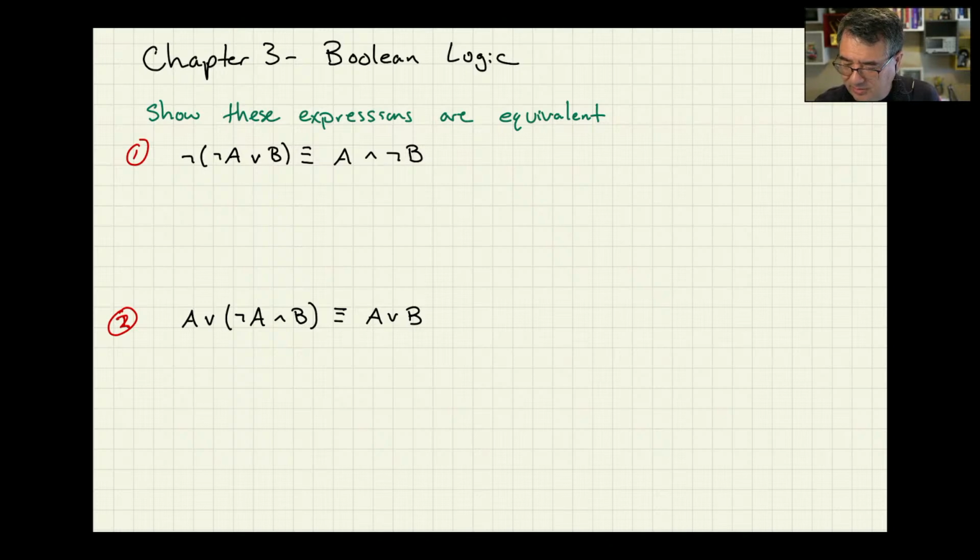So to do this problem, the first thing you have to know is what these symbols mean. We've got three symbols on here. We've got this one that looks like a little inverted L. We've got this V, and we have this little thing called a hat. And actually, I'm going to swap those two around.